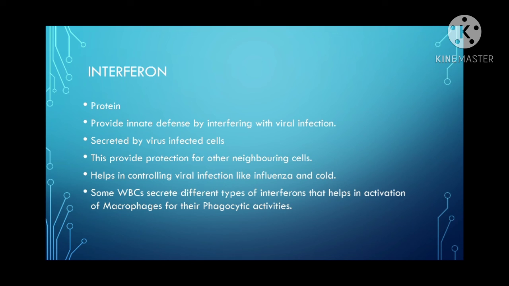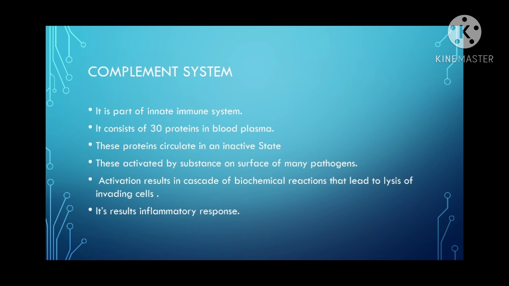Okay, then next is the complement system. It is a part of the innate immune system, and it consists of about 30 proteins in blood plasma. It means they are moving in our blood plasma and recognize any infectious or invading particles, and then initiate the innate immune responses. These proteins circulate in an inactive state.